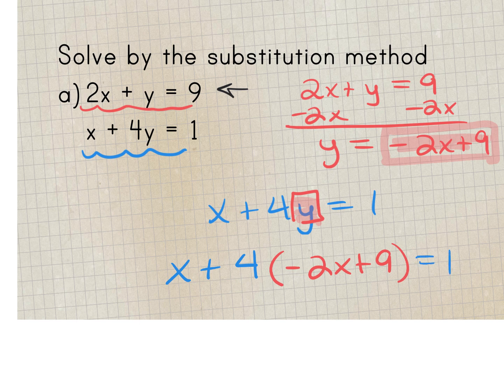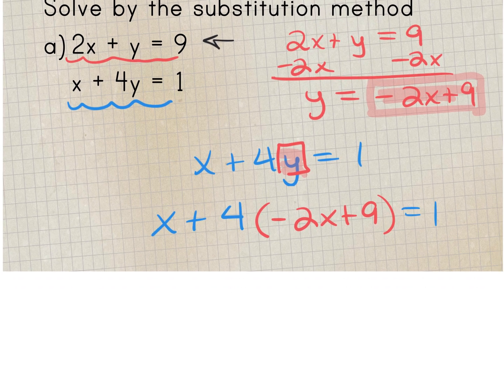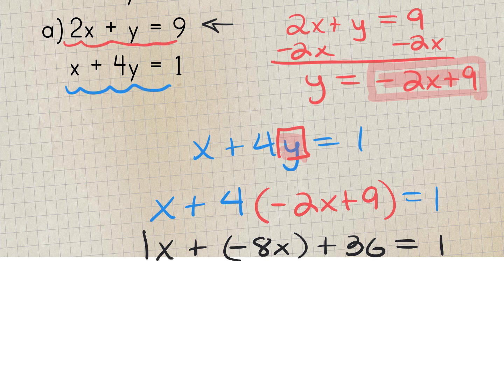Now I need to solve for x, but first I have to distribute. I'm going to distribute the 4 to the negative 2, and that gives me negative 8x. Then distribute the 4 to the 9, and I get 36. Now I'm going to go back and combine my like terms. So I have 1x plus negative 8x, and I get negative 7x when I combine these two, and then drop down the rest of the problem.